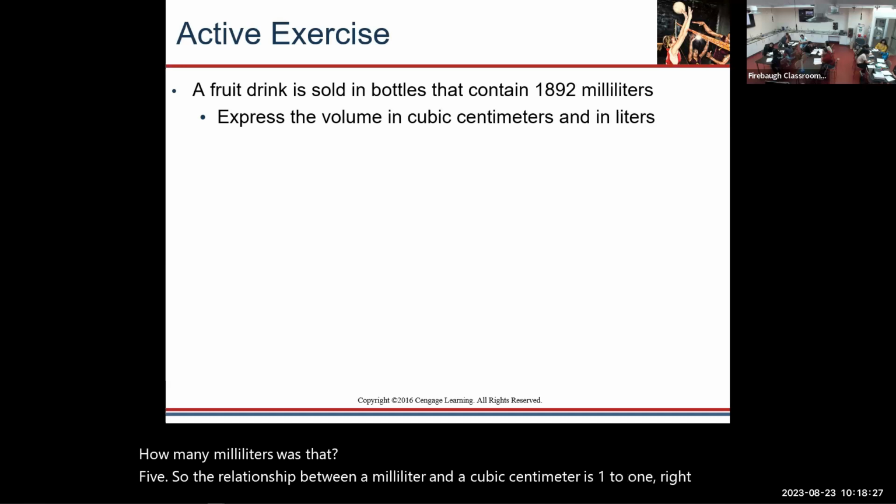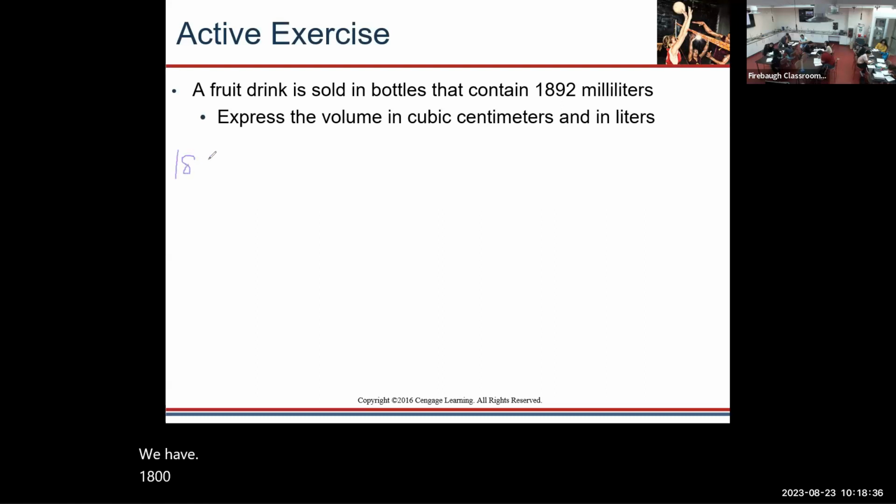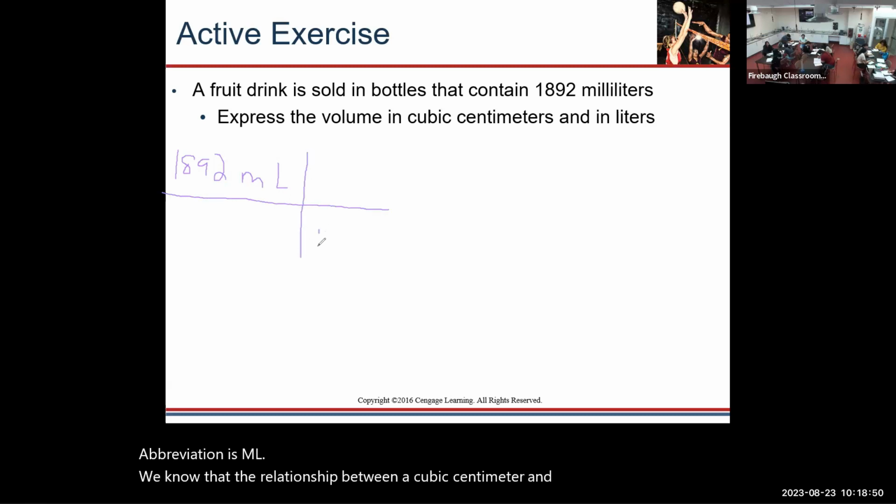So you have 1,892 milliliters. Abbreviation is ml. We know that the relationship between a cubic centimeter and a milliliter is 1 to 1.